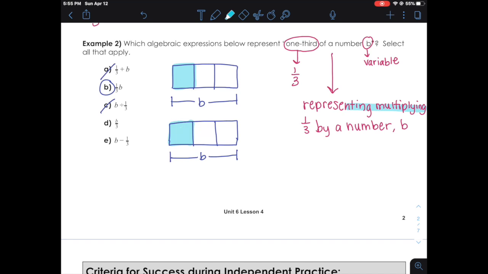Does this look like the same tape diagram we had for B? It sure does. So that expression also represents this written expression. Okay, finally, b minus 1/3. This is not a subtraction problem. We've determined it was a multiplication problem.